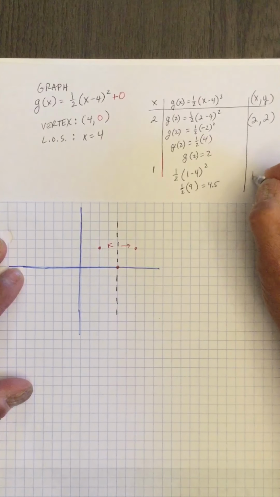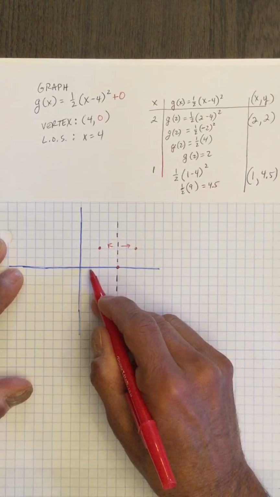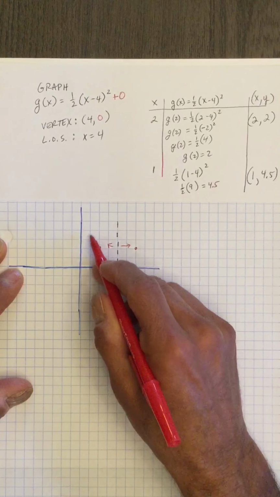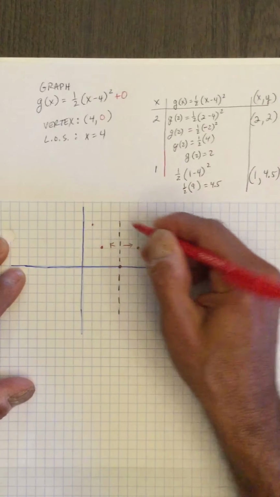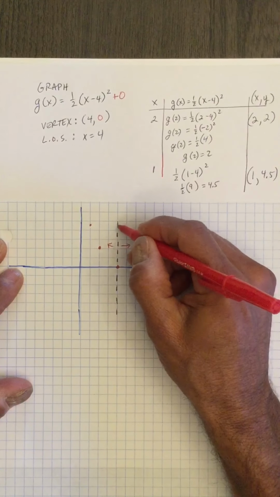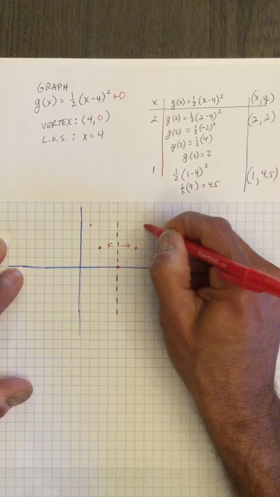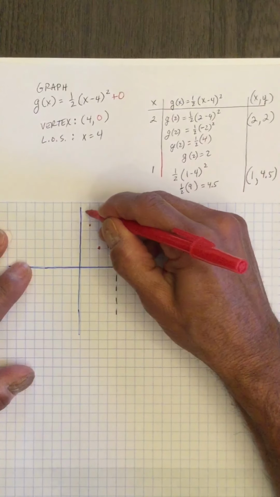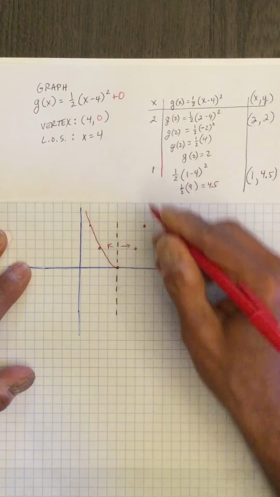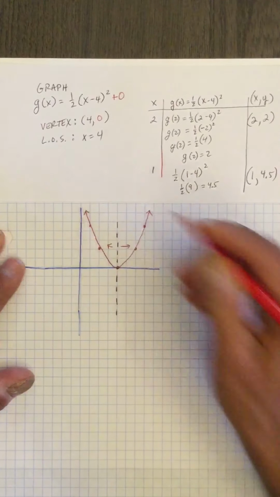So when I put in a 1, I got a 4.5 out. So if I go 1 to the right and 4.5 up, 1, 2, 3, 4, 1, 2, 3, 4.5. That's right there. And then if I copy this 1, 2, 3 on this side, it looks like that. And as you can see, I have a nice U-shaped parabola, right?